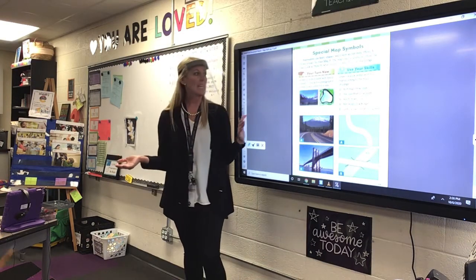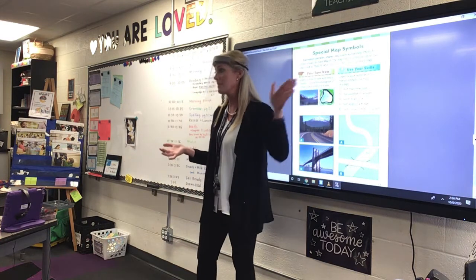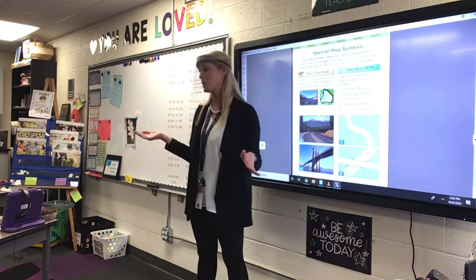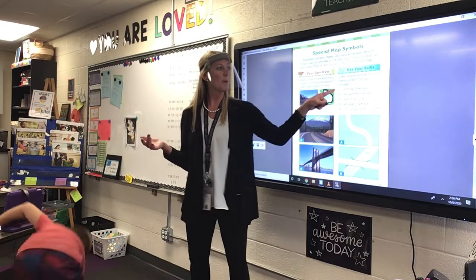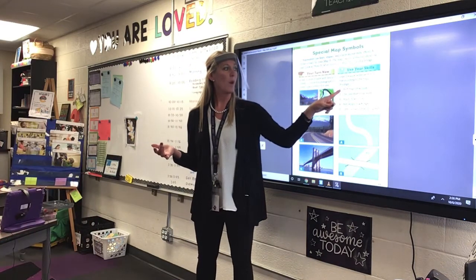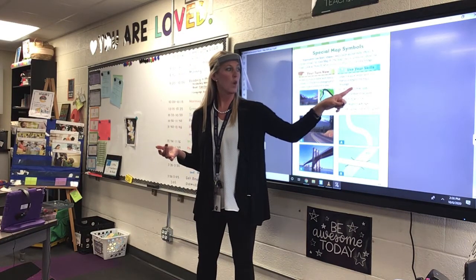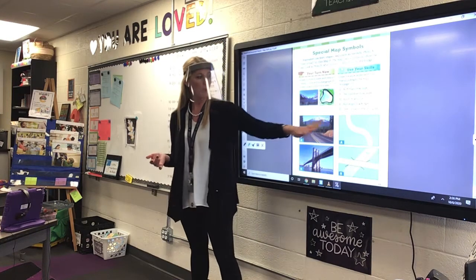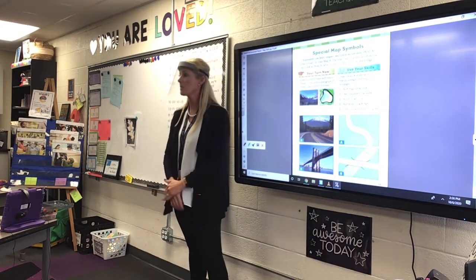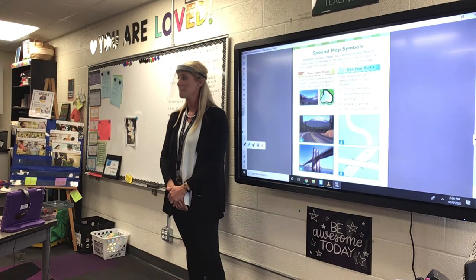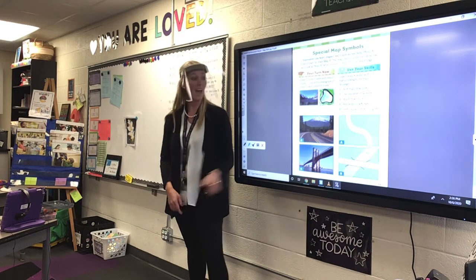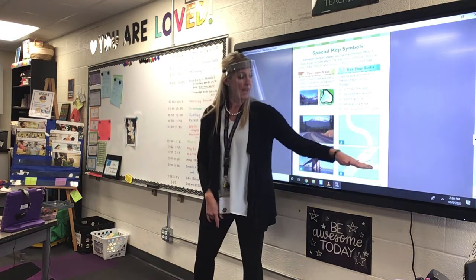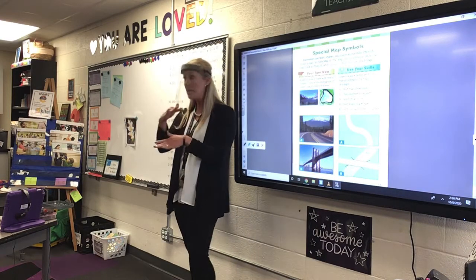So we have to see, is this sentence true, or is it false? Number 1 says, both maps show roads. Do both of these maps show roads? Yes. There's a road here, and there's also a road that is the bridge, right?